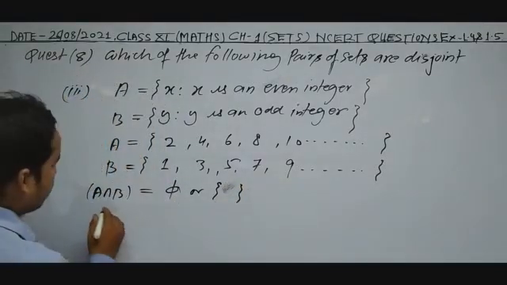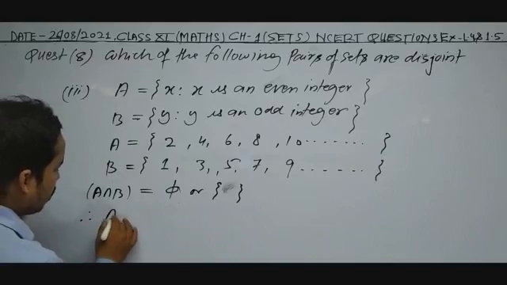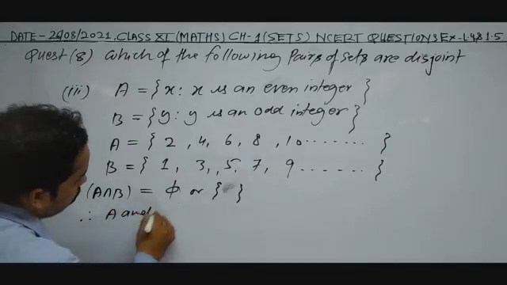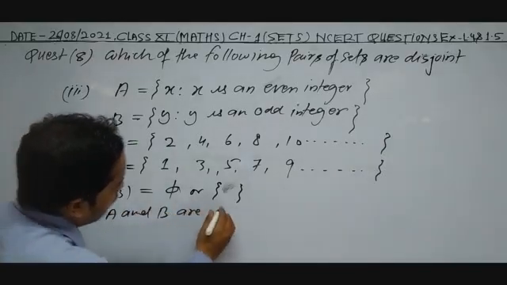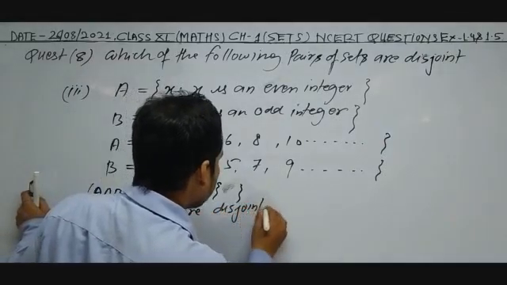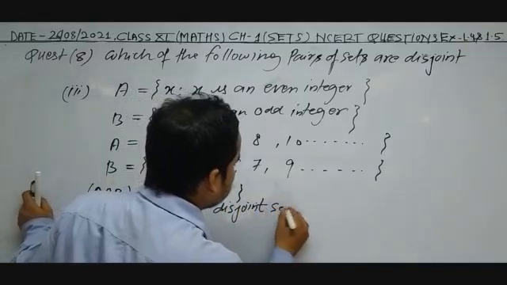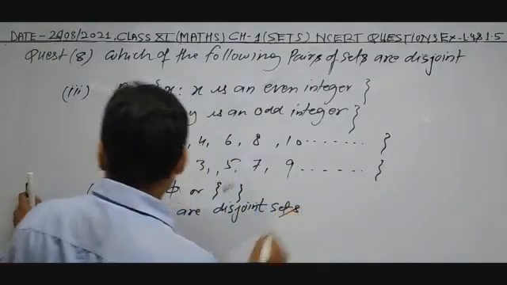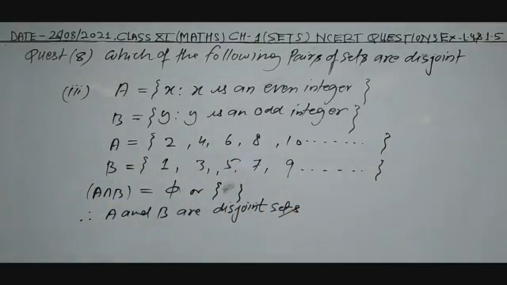Now this is a disjoint set, therefore A and B are disjoint sets. This is the third part, completed. Now come to the next question.